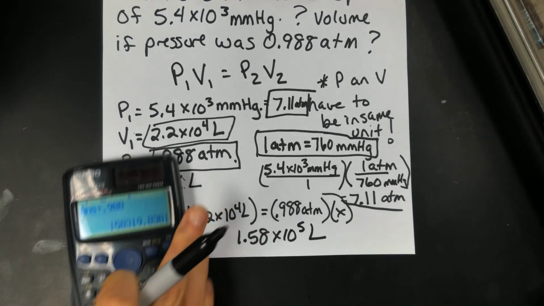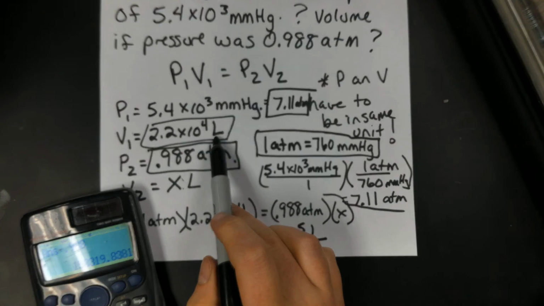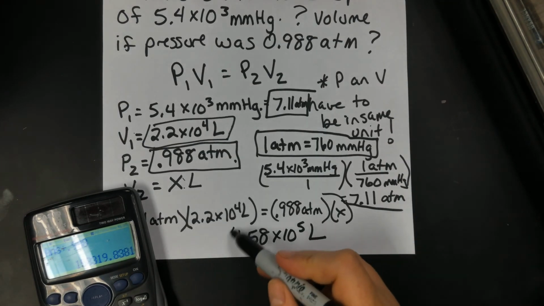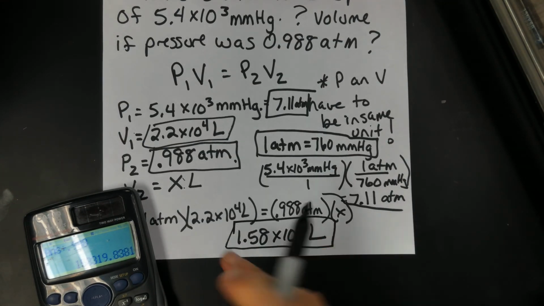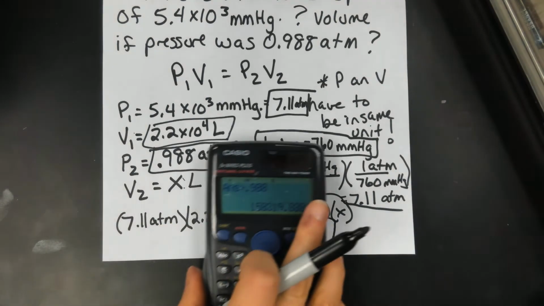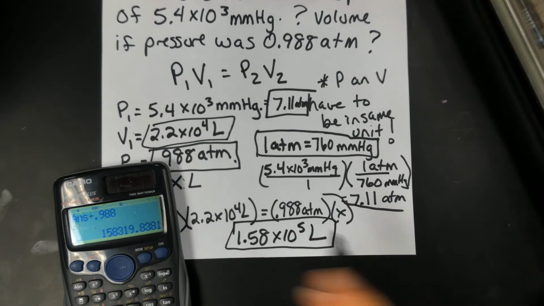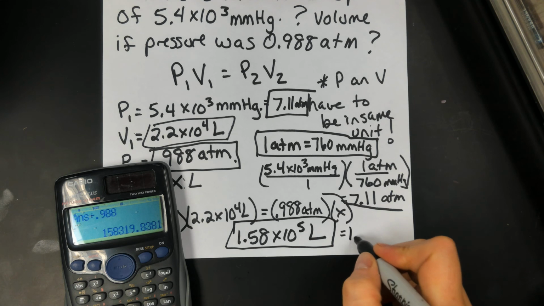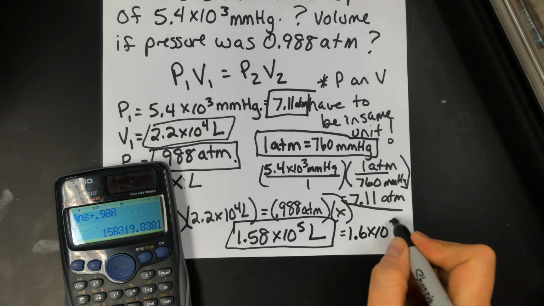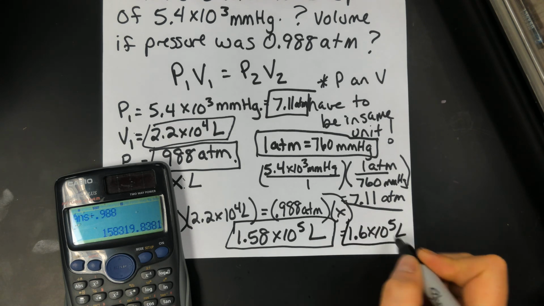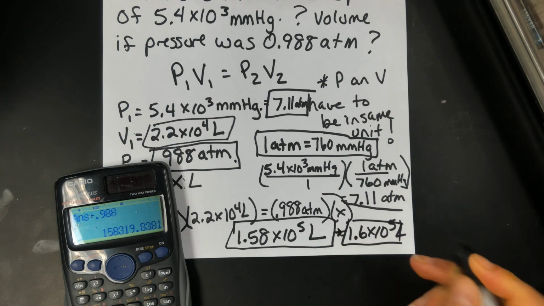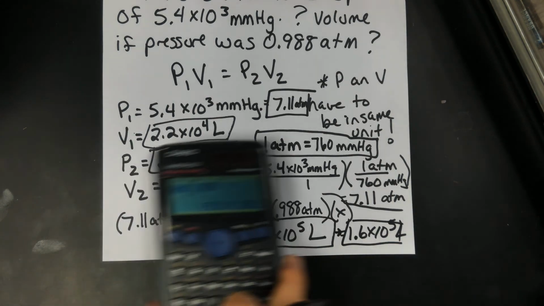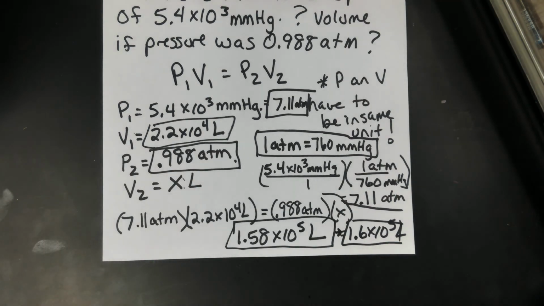Liters is the answer. Why? Because this was in liters. So if the answer wants only 2 significant figures, you'd say 1.6 times 10 to the 5 liters. You could say that if it asks you for 2 significant figures. So that is how you do that problem.